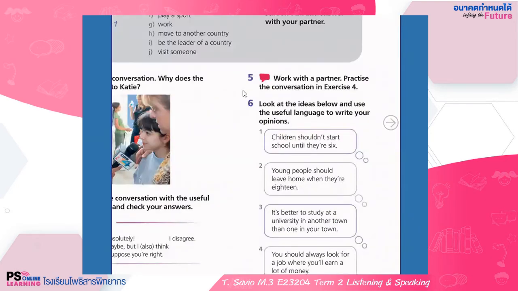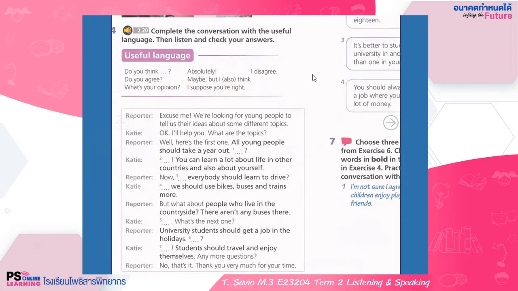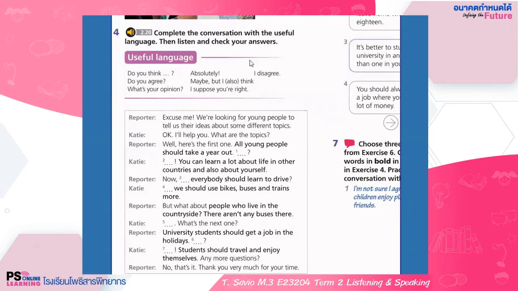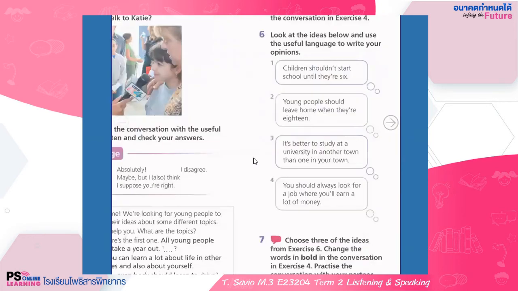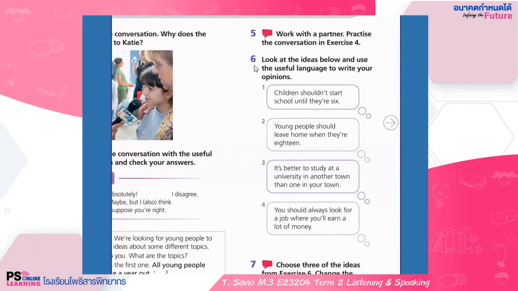Let's move on to exercise 5. Work with a partner. Practice the conversation in exercise 4. That is the conversation we've just finished between the reporter and Katie. Exercise 6. Look at the ideas below and use the useful language to write your own opinions. Children shouldn't start school until they're 6. Young people should leave home when they're 18.